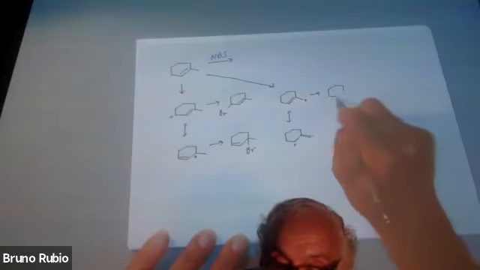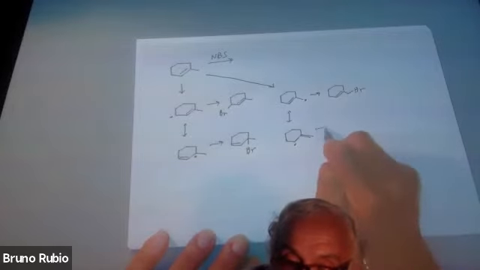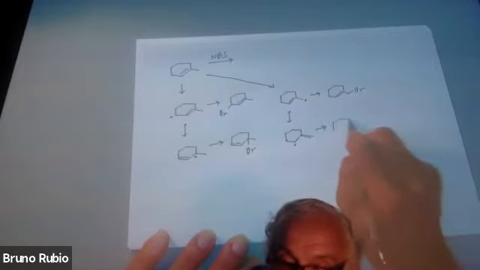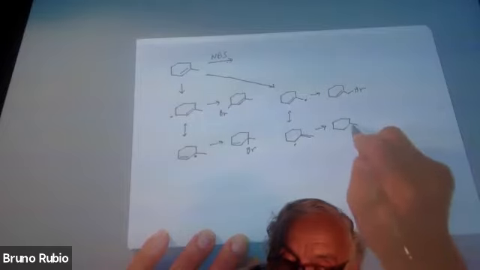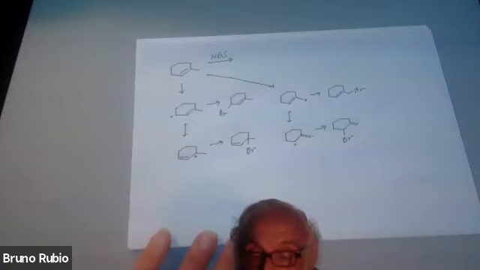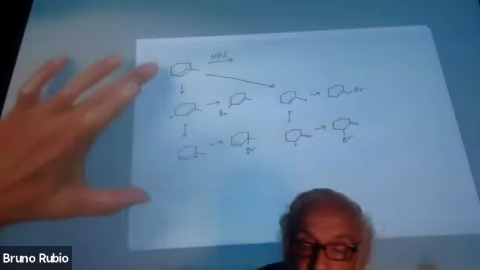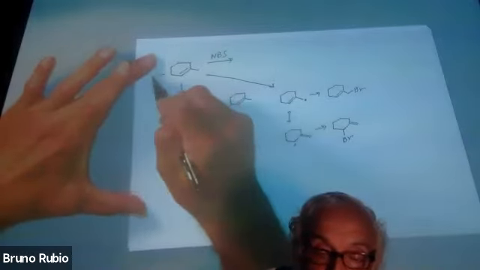Wow, this has gotten totally out of hand. Okay, so here are more NBS products, right? Different from the two that we wrote before. And we're not done yet because this guy kind of ran out of room.